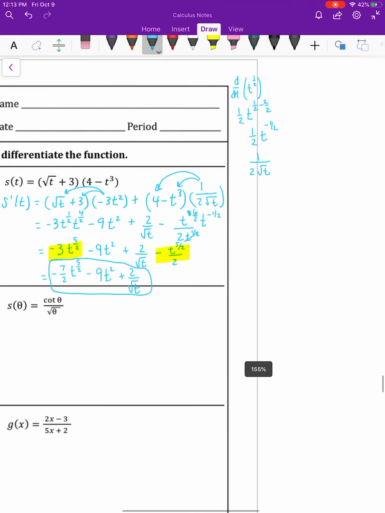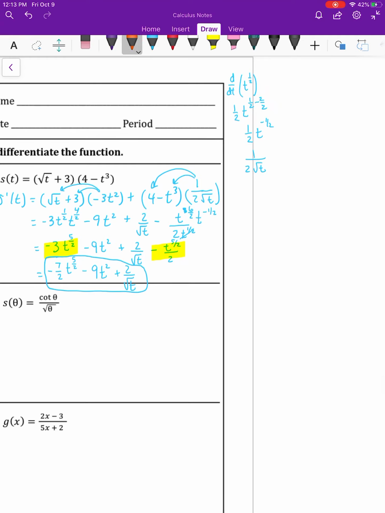Now, to check that, if we wanted to do like we did on the first one, if we wanted to go ahead and multiply this out, I would have 4 times the square root of t minus, and then that would be t to the 1/2 times t to the 6/2.